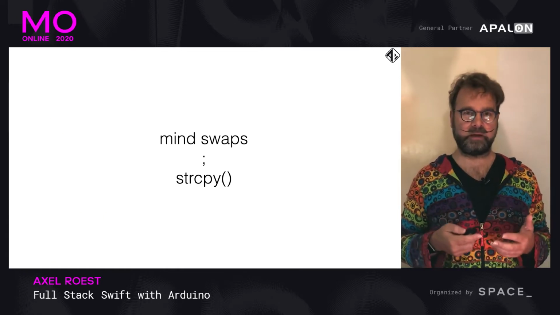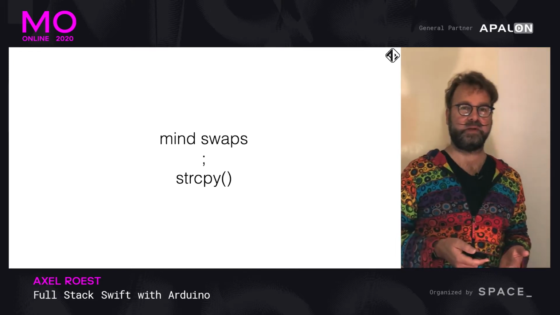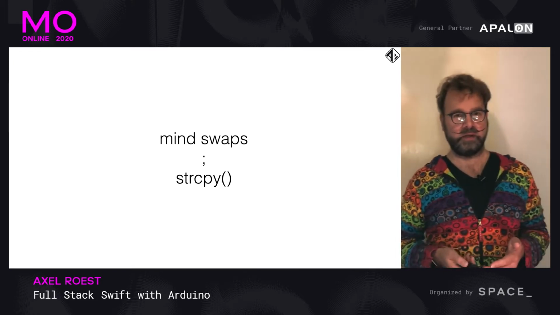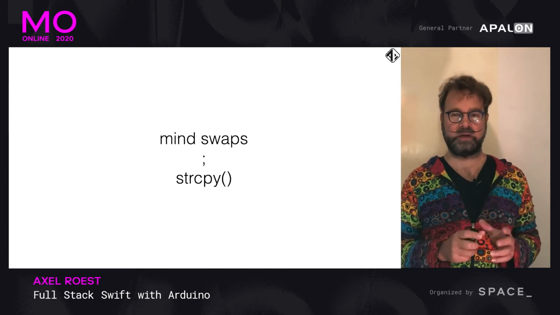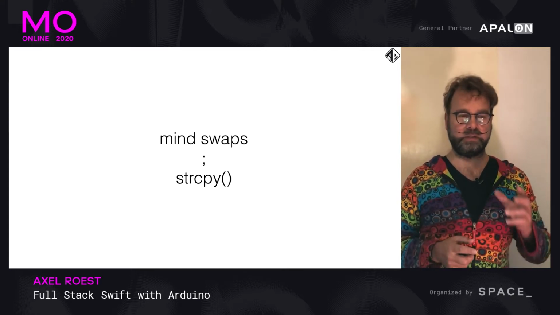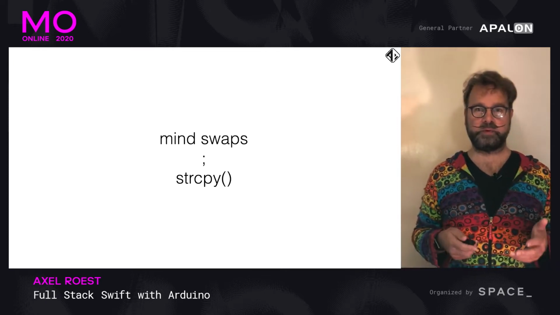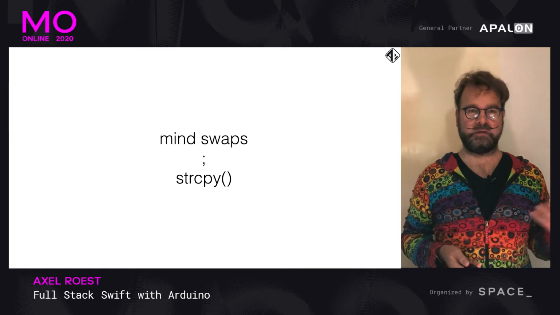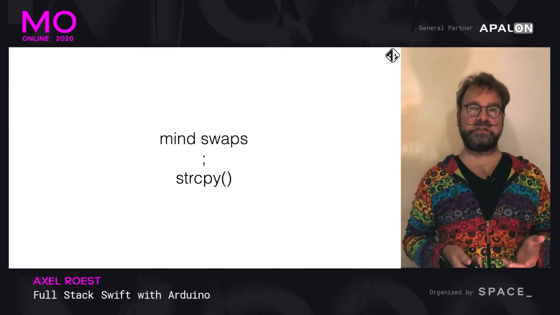Every time I switch back from iOS or Mac development to embedded development, I get all these mind swaps. So, for example, I created a little device recently which needed to be used in multiple locations. So I needed an array with multiple Wi-Fi networks. So I created an array, but string arrays in C are terrible.